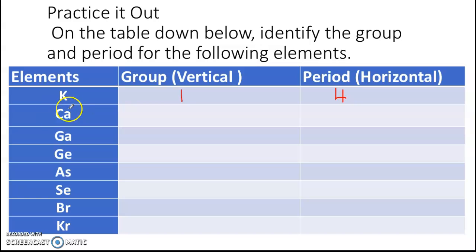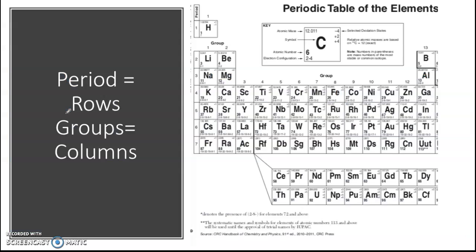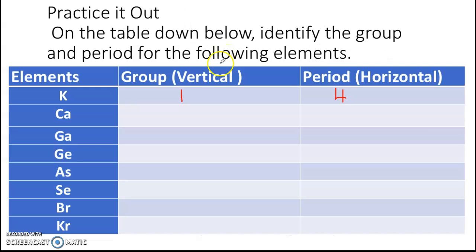And then Ca, let's go ahead and try it out with Ca. Ca is also in period 4, but in group 2. So group 2, period 4. And I do see we have Ga cropped in that picture, so let's do Ga as well.